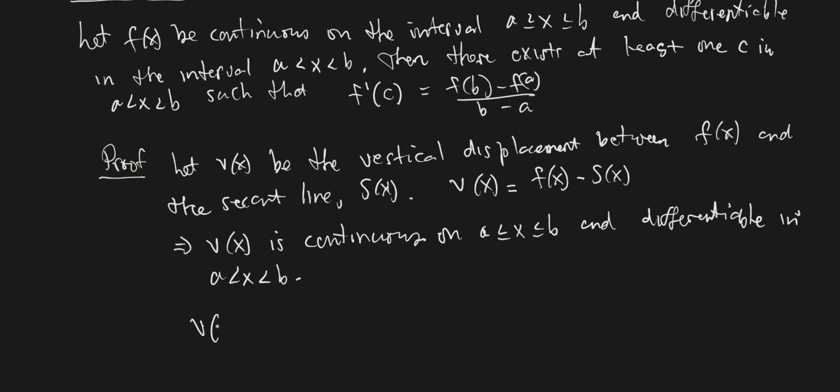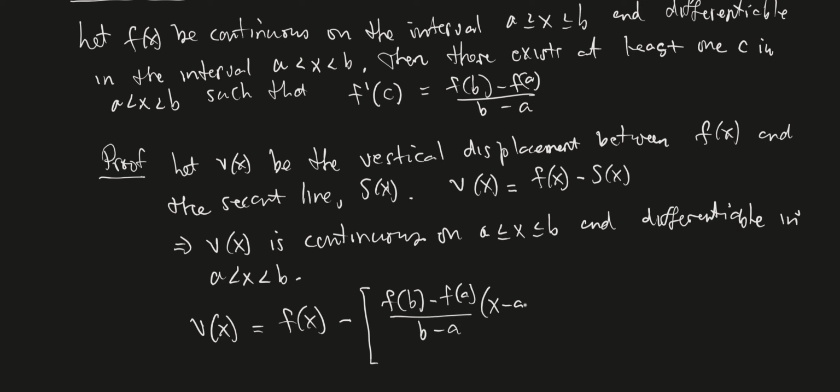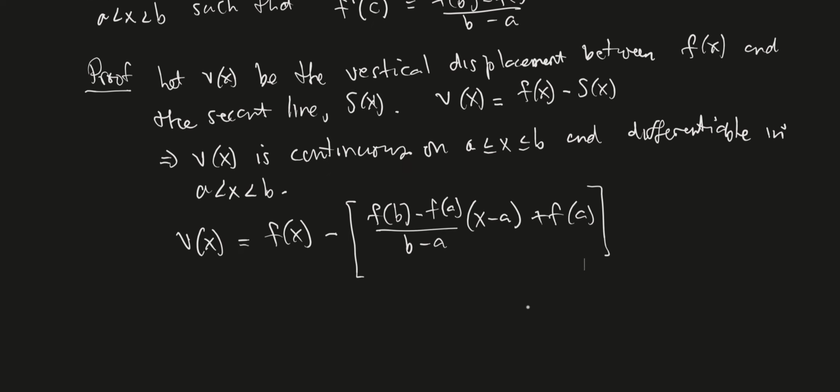So v of x is equal to f of x minus f of b minus f of a over b minus a times the quantity x minus a, plus f of a. So this function is continuous and differentiable.